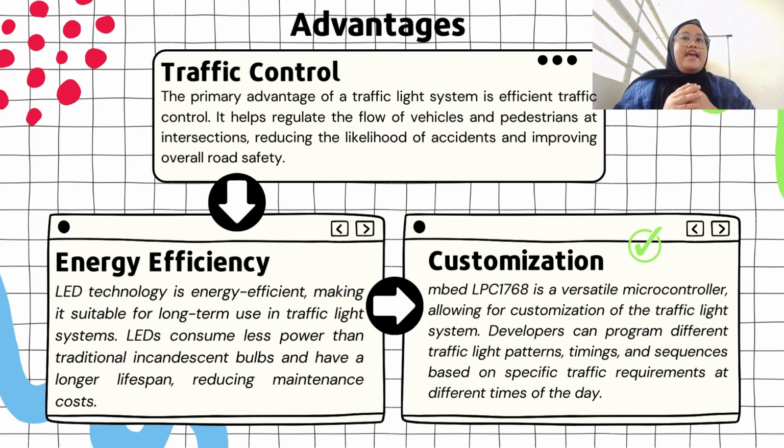Second, energy efficiency. LED technology is energy efficient, making it suitable for long-term use in traffic light system. LED consume less power than traditional incandescents, and have a longer lifespan, reducing maintenance costs.